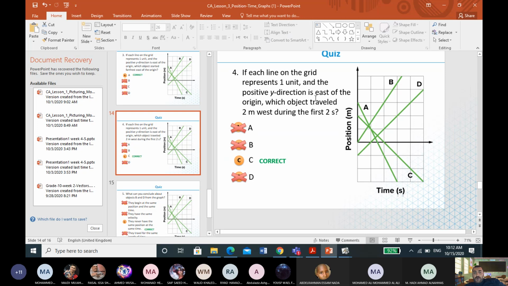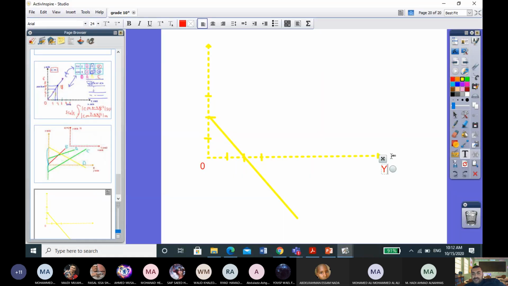The positive y direction is east of the origin. Which object travels 2 meters west? So if this is the east, we all know that this is the east. So where is the west here in our case?